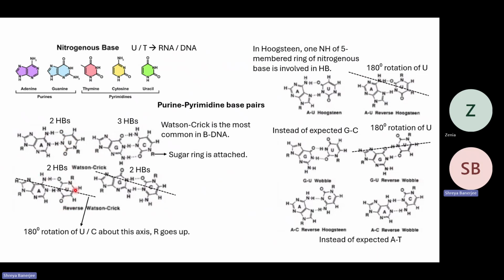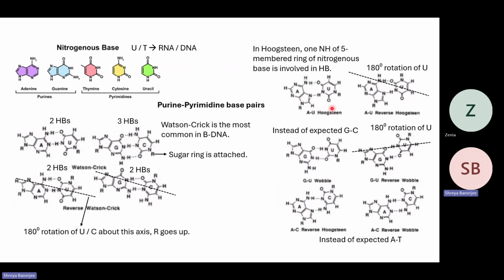Then it is called reverse Watson-Crick base pairing. Similarly, if the C is flipped by 180 degree along this line, so the NR, which was pointing down, is now pointing up. Then instead of 3 hydrogen bonds, 2 hydrogen bonds are forming between G and C, and both of these are called reverse Watson-Crick.